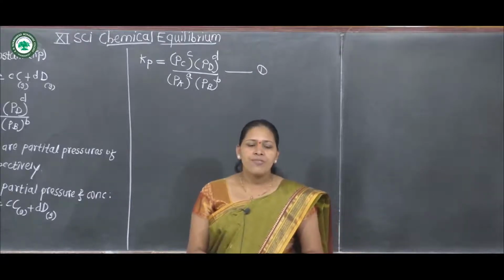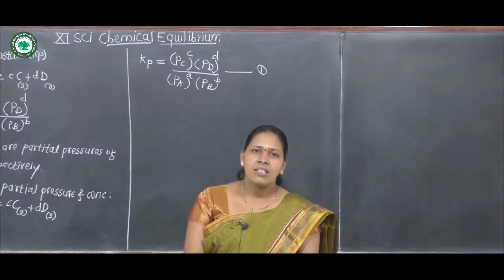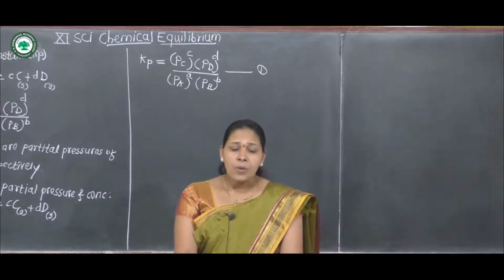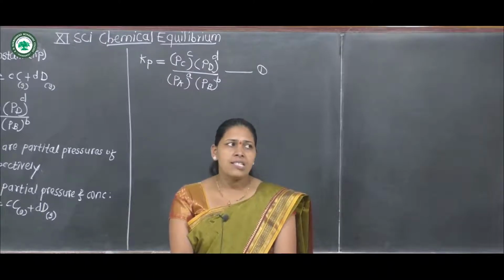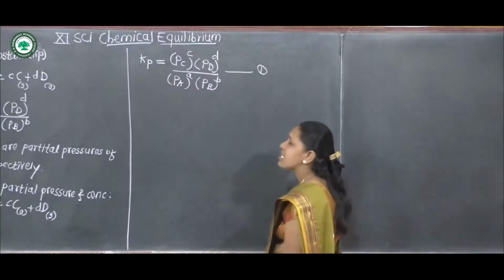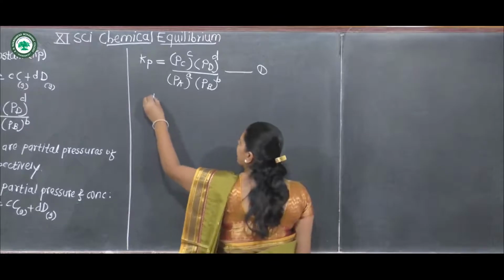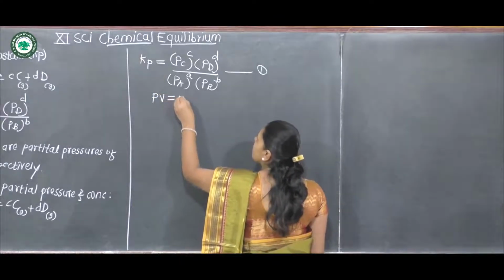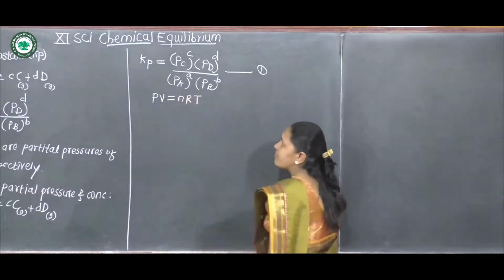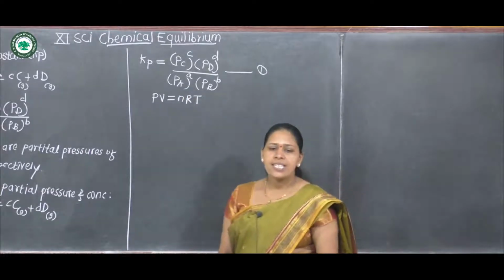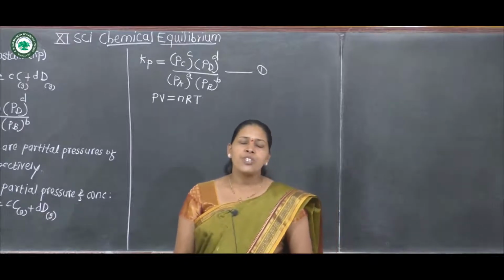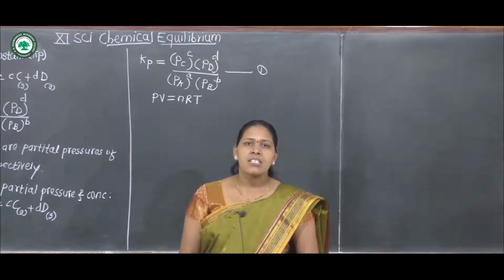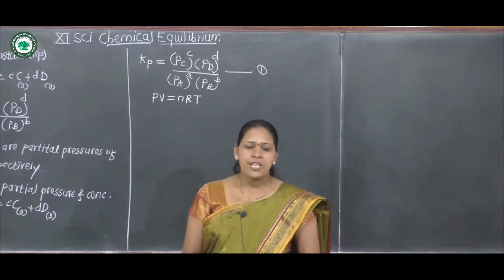partial pressure of ideal gases is directly proportional to its concentration at constant temperature. That is, according to ideal gas equation, we know that ideal gas equation is PV equal to nRT. What I say? For the mixture of ideal gases, partial pressure of each component in the ideal gases is directly proportional to its concentration at a constant temperature.